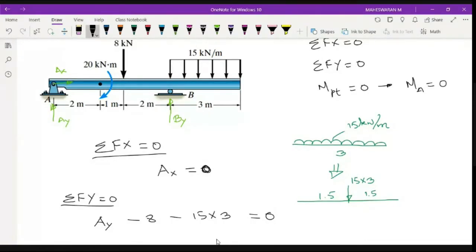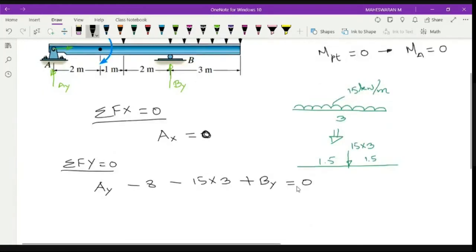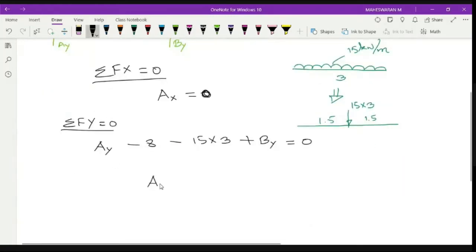Sorry, I think I missed one more. I missed By here. So this By is positive, so plus By is equal to 0, which means I can write it as Ay plus By is equal to 53.